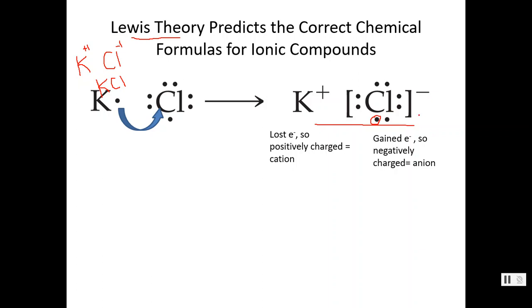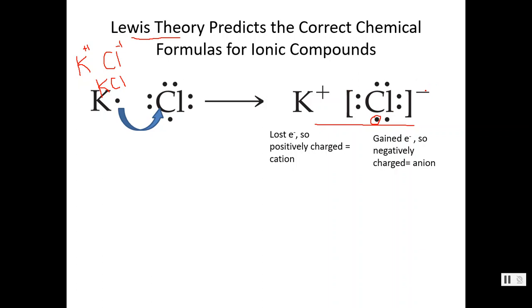The notation works so that positively charged species in Lewis dot structures have the plus charge. The species that gains the electron shows all the electrons, and it's put in brackets and has the appropriate negative charge associated with it.